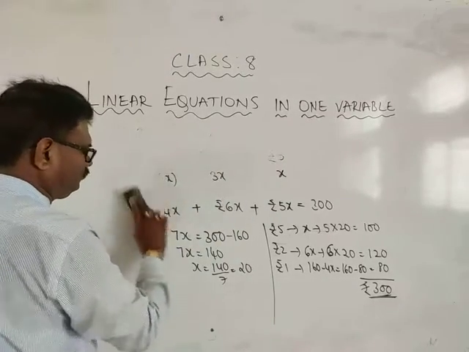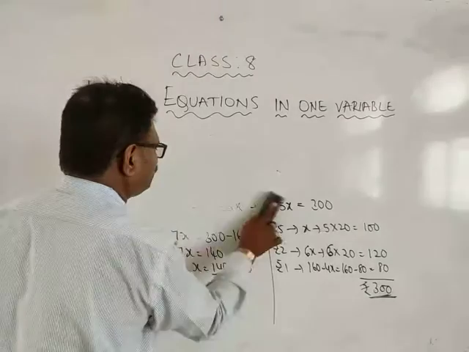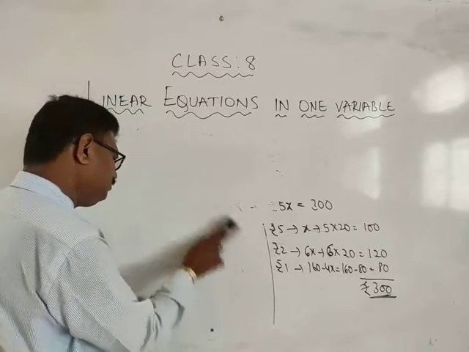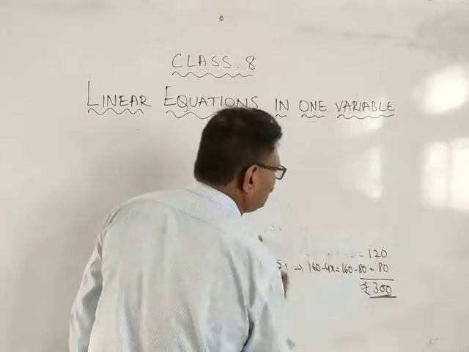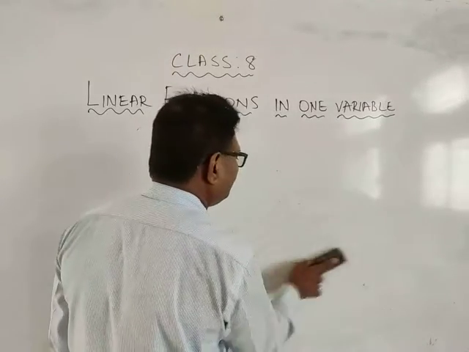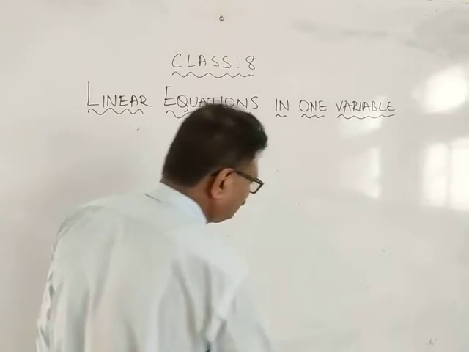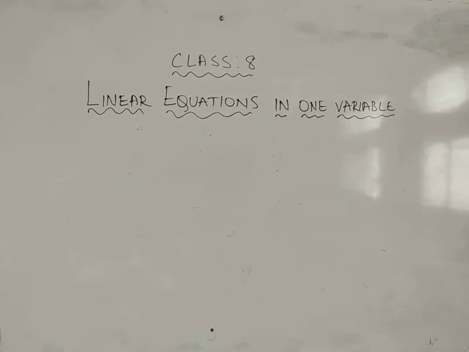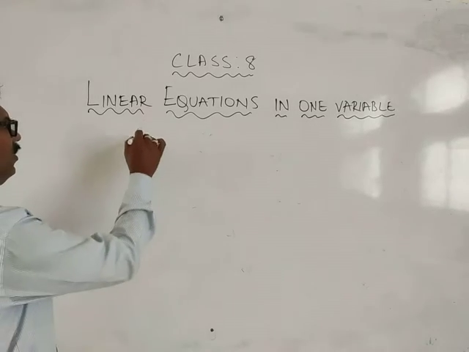Today's last problem, and the last problem of exercise 2.2. Very simple. The organizers of an essay competition decide that a winner in the competition gets a prize of rupees 100.